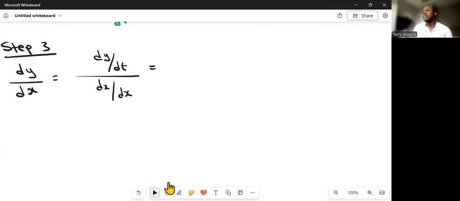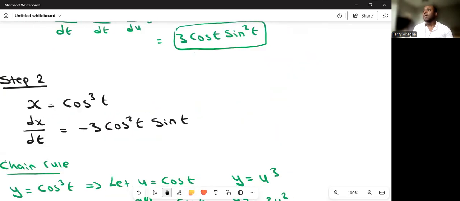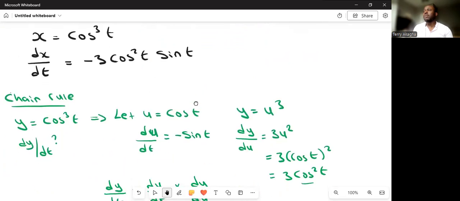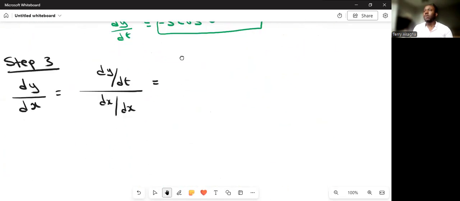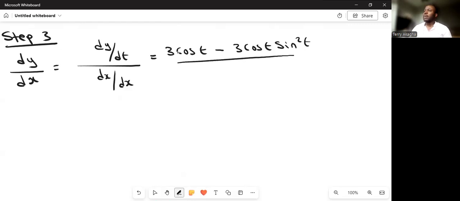So now let's go back. What was our dy over dt? Our dy over dt, we had 3 cos t minus 3 cos t sine squared t, and dx over dt, we had minus 3 cos squared t sine t. All right, so we're going to do that. So dy over dt is going to give us 3 cos t minus 3 cos t sine squared t, all divided by dx over dt, which was minus 3 cos squared t sine t.